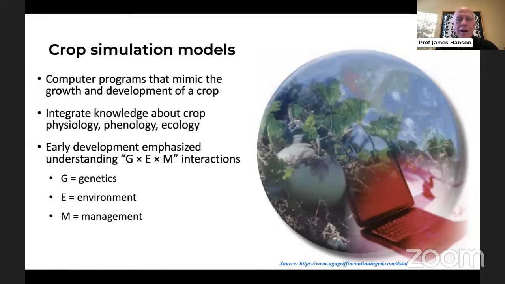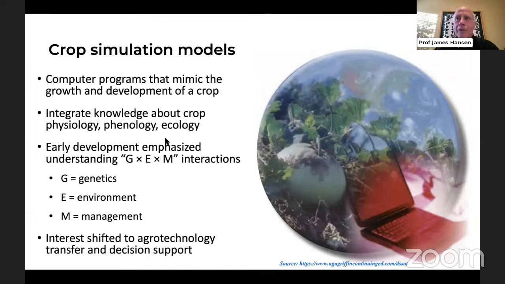And a term that was used a lot in the early crop modeling work was understanding G by E by M interactions. So how do crop genetic characteristics, environment, and management interact to affect productivity?